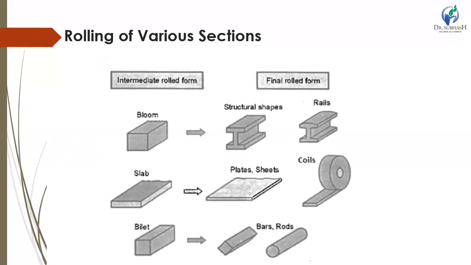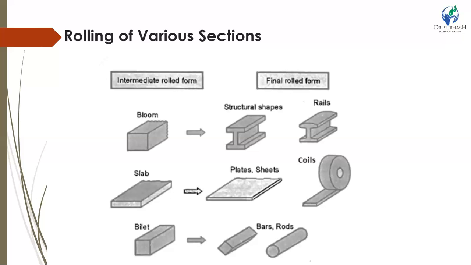A billet is also formed after reducing an ingot but has a smaller cross section. The size of a billet ranges from 50 mm by 50 mm to 150 mm by 150 mm. The rolling products from billet are rods, wires, etc.